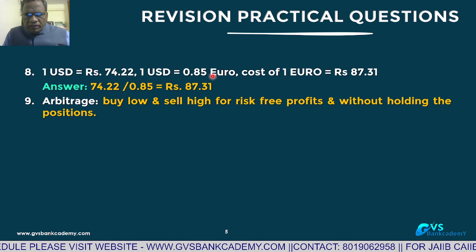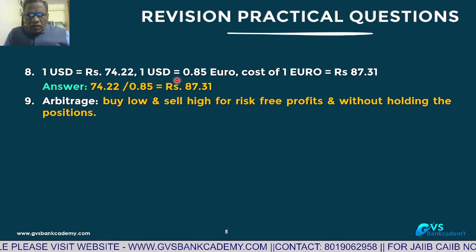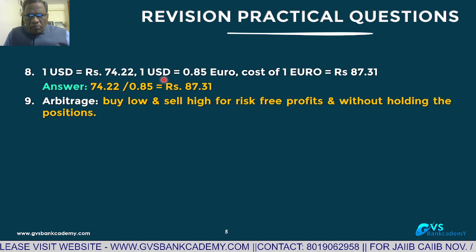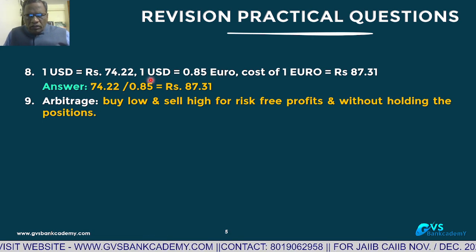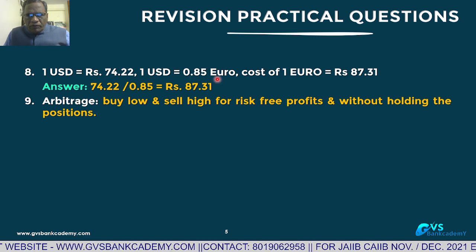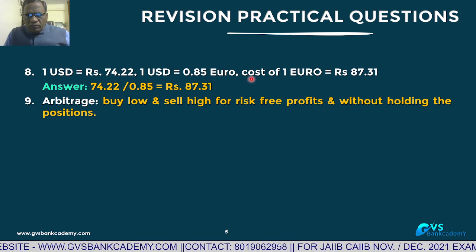That is the meaning. Now, if we want to convert through the cross rate, if you want to purchase euro through US dollar, how many rupees do you have to pay for the purchase of 1 euro?